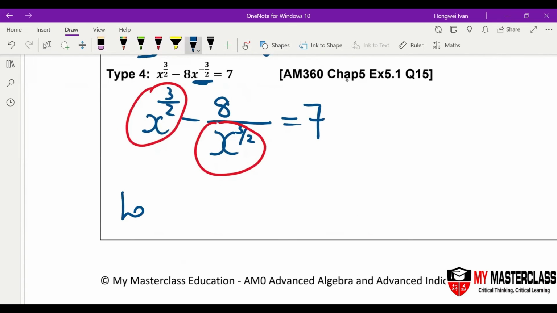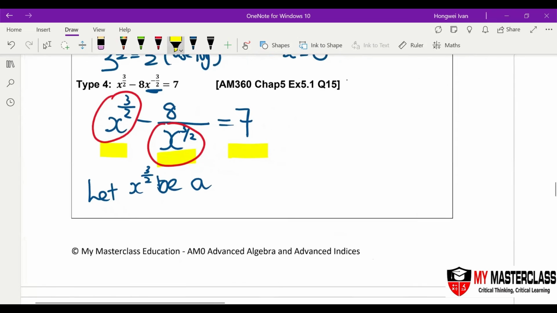Let it be B, because you see, three things can always form what? Quadratic. Okay, then you have A minus 8 over A equals 7.